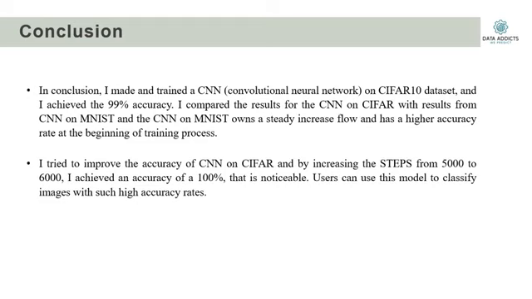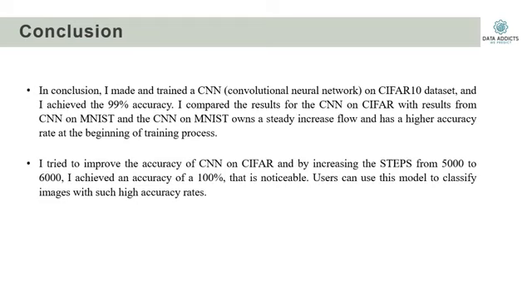That is a noticeable result. I also compared the results of my CNN model on the CIFAR dataset with results from my convolutional neural network on the MNIST dataset. And I saw that in the MNIST dataset there's a more steady increase, and that one has a higher accuracy rate than the first model that we built on the CIFAR dataset.